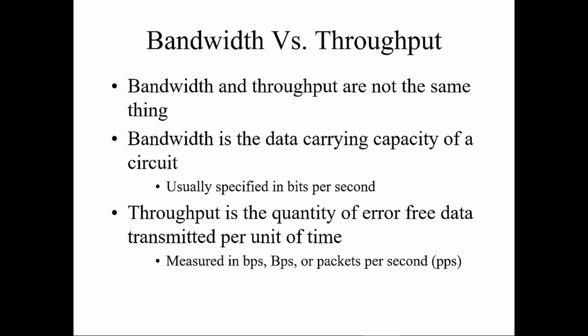Bandwidth and throughput are not the same thing. Bandwidth is the data carrying capacity of a circuit, whereas throughput is the quantity of error-free data transmitted per unit of time. Throughput is normally measured in bits per second, bytes per second, or packets per second. So again, bandwidth may be the theoretical maximum. Throughput is the actual amount of data going through.